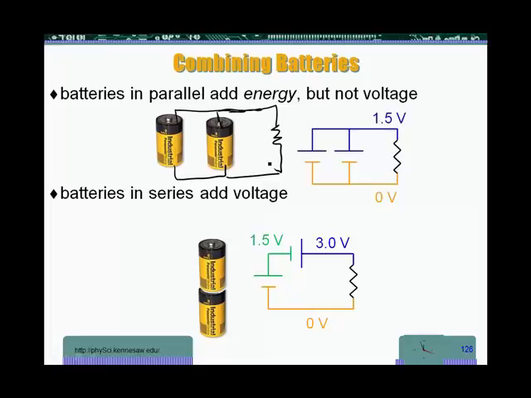Now the thing is, each battery results in a voltage difference. However, I have a wire connecting both of them, a wire connecting this positive end of the battery to this other positive end of the battery. Which means, remember what we said about wires, the electrical potential through here is the same.